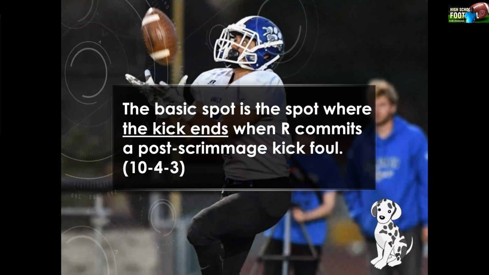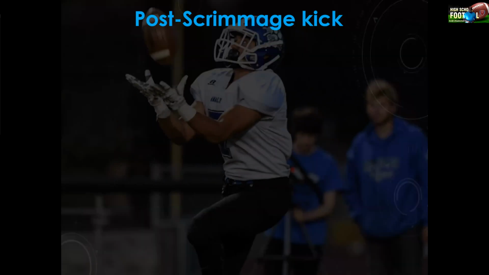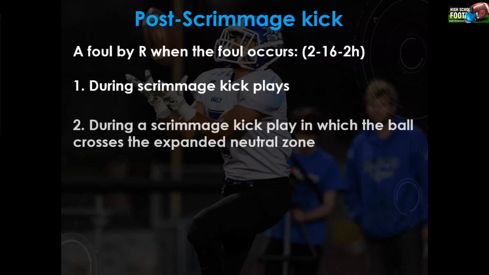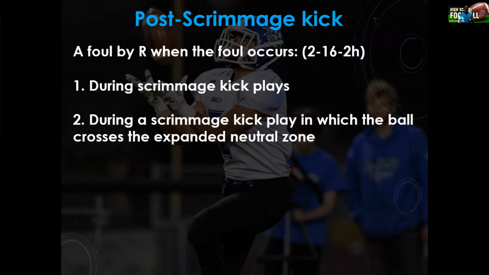Okay. The basic spot is where the kick ends when R commits a post-scrimmage kick foul. This is the PSK, a post-scrimmage kick. A foul by R when the foul occurs during a scrimmage kick play in which the ball has crossed the expanded neutral zone.